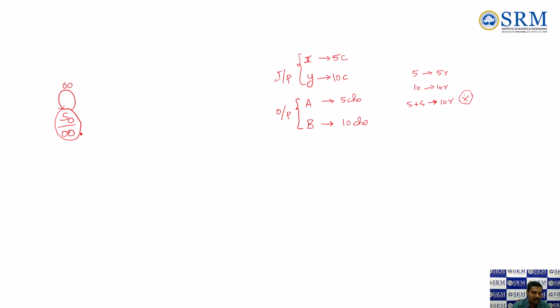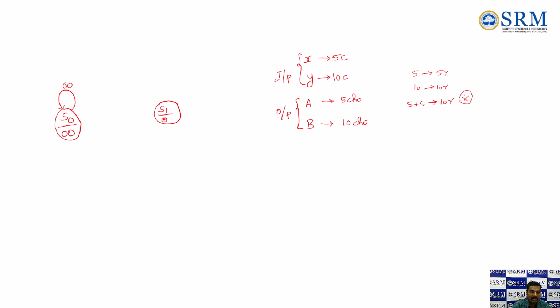Right. Next, I'm inserting one 5 rupee coin. Then the state moves to the next state, that we can call S1. If you put only one 5 rupee coin, it will not dispense chocolate immediately. It has to dispense a 5 rupee chocolate, isn't it? But it has to wait for the second coin entry.